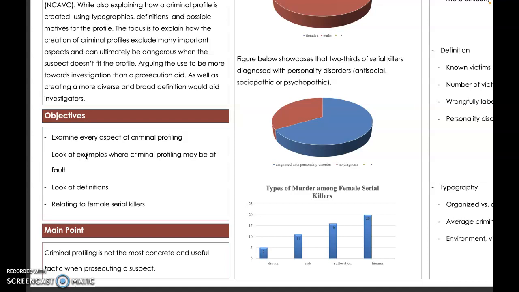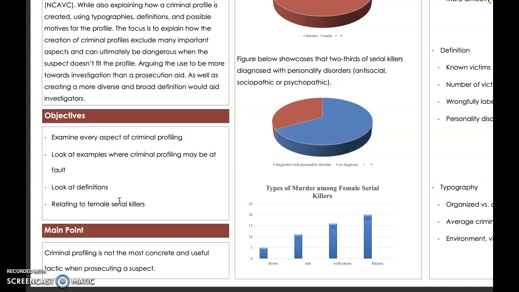As well, looking at definitions such as hedonistic, different types of female serial killers, like the angel of death, if they're cult oriented, family targeted, etc. And then also again relating back to female serial killers and mentioning the aspects that don't always aid when it comes to female serial killers.